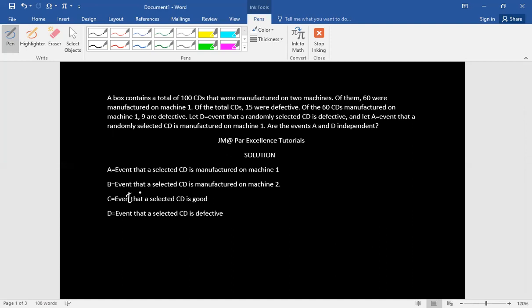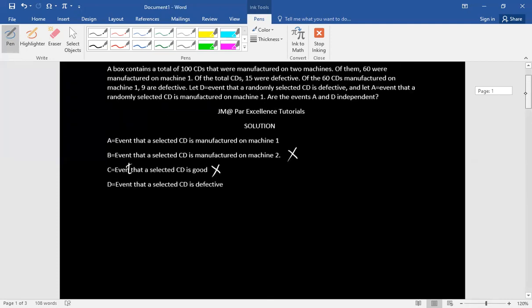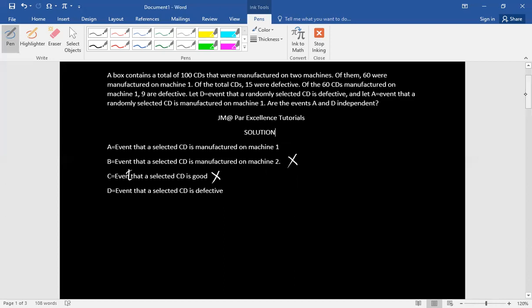As you can see there, we don't have values for CDs manufactured on machine 2, as well as the event that a CD selected is actually good. So let's try finding those. They said the total number of CDs is 100.